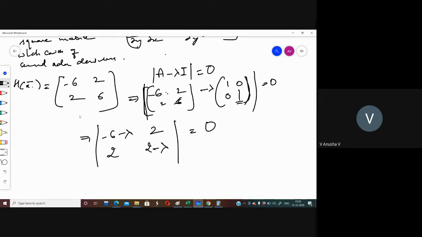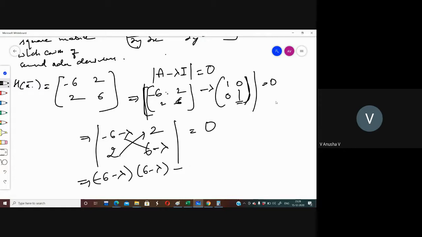It is 6, right? It's not 2. So 6 minus lambda. So I need to calculate the determinant of this. The determinant will be minus 6 minus lambda into 6 minus lambda minus 4.